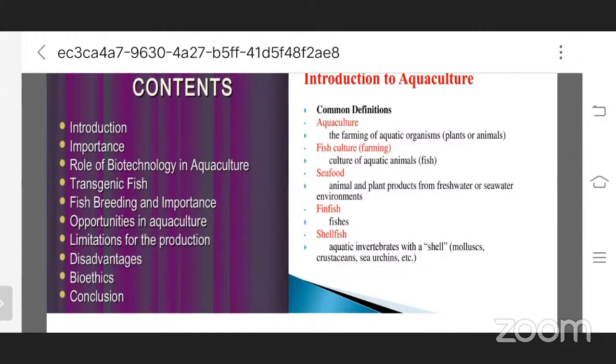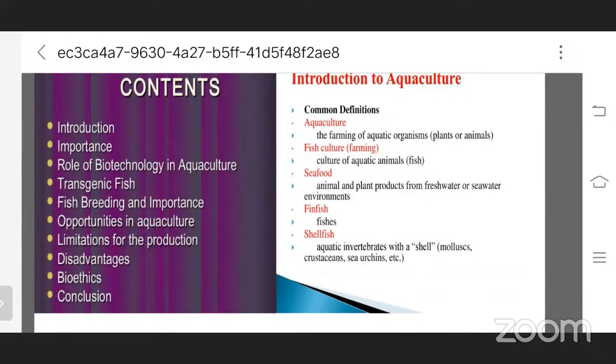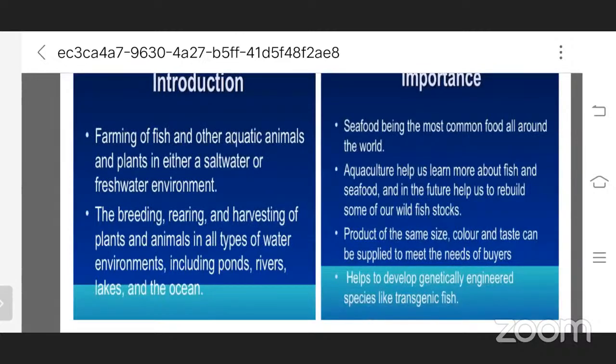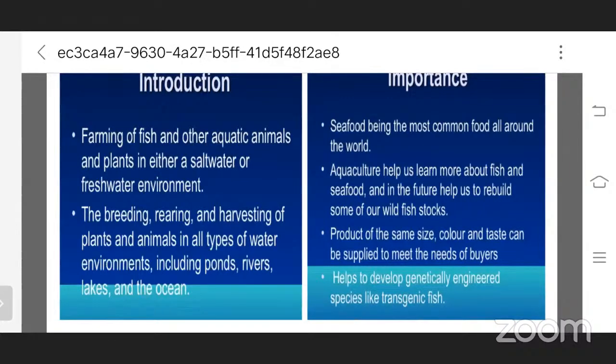The farming of fish and other aquatic animals and plants in either a saltwater or freshwater environment is known as aquaculture. This is the definition of aquaculture, which I have already told you.